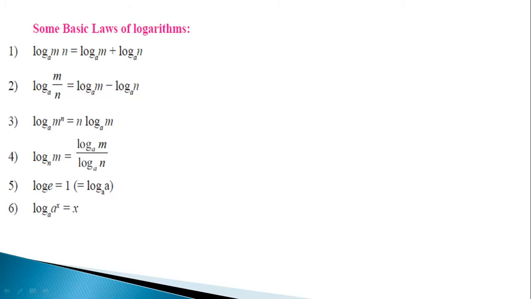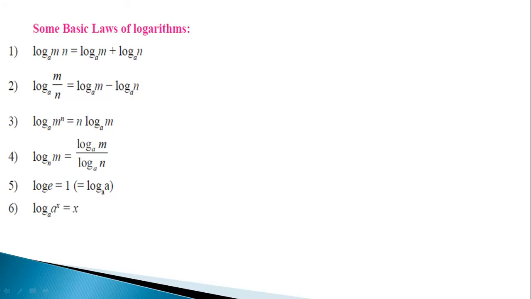The third one is log of m raised to n can be written as n into log of m to the base a. The fourth one is log m to the base n can be written as log of m to the base a upon log of n to the base a. This is called the change of base law.